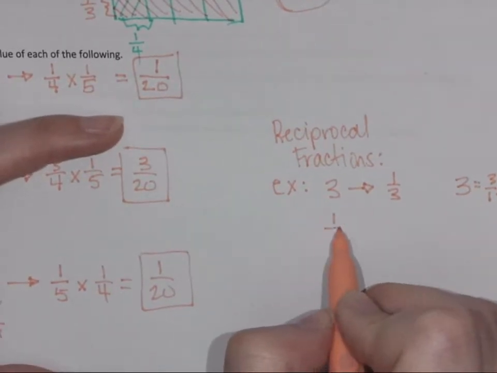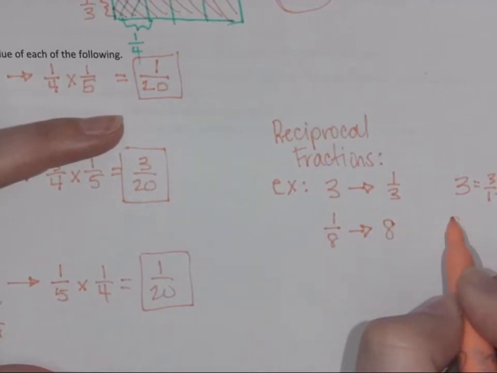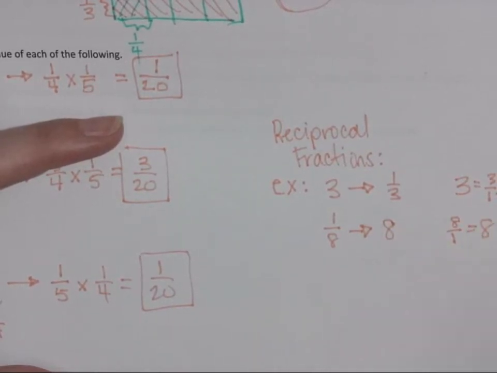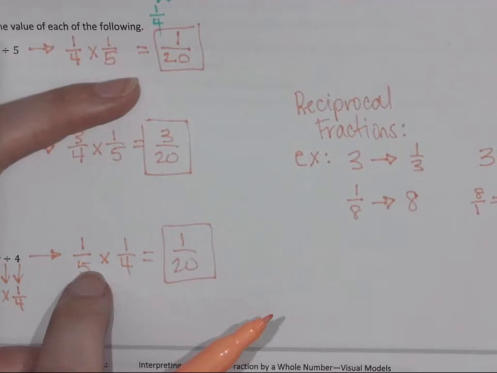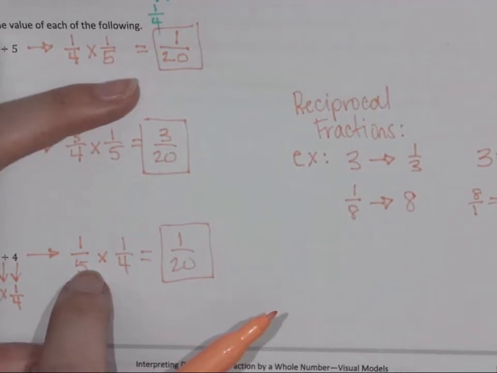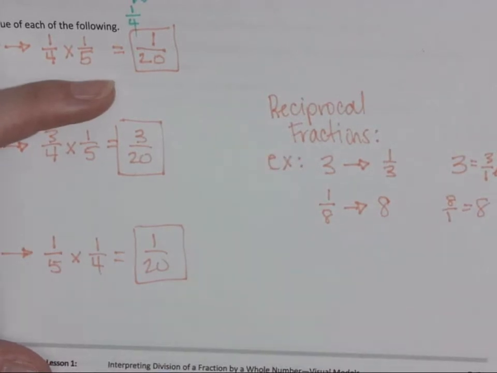If I'm moving from a fraction like 1/8 to a whole number, what's the reciprocal of 1/8? Alice? 8. Because 8/1 is 8. So when you're dividing a fraction by a whole number, it's the same as multiplying by the reciprocal fraction.